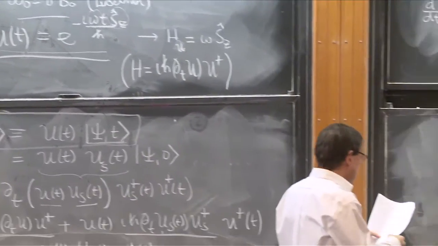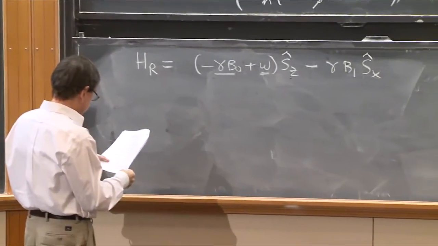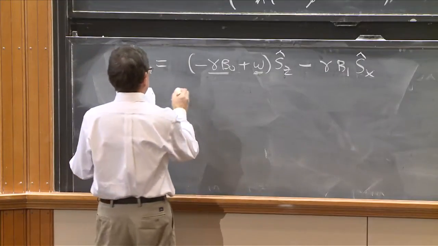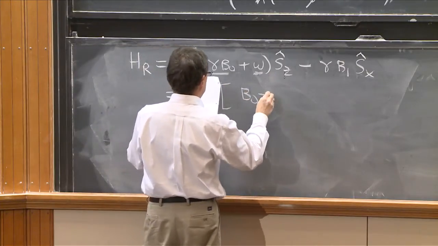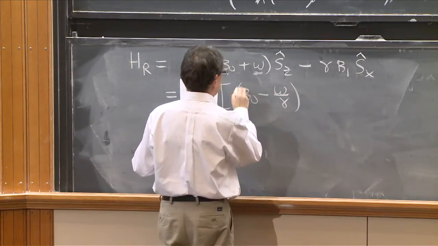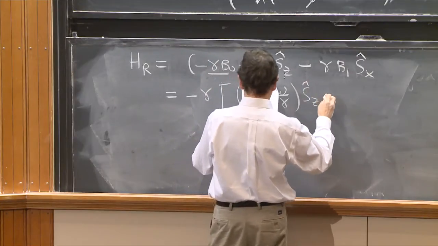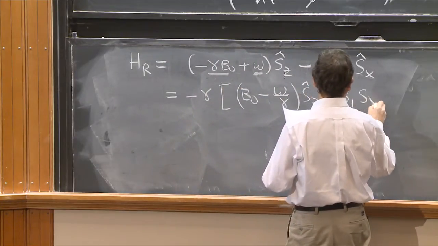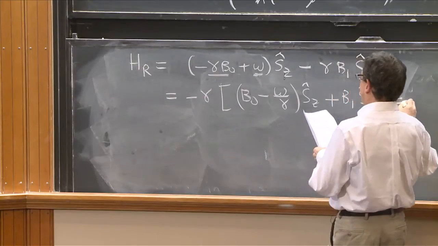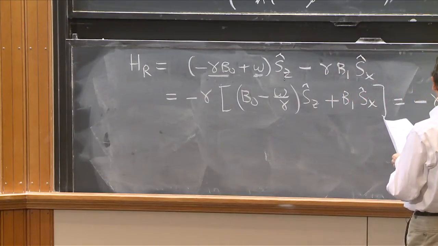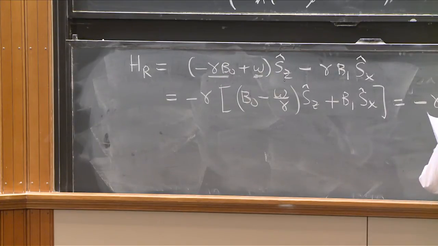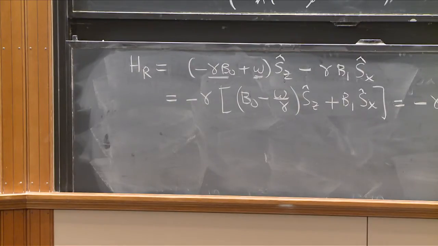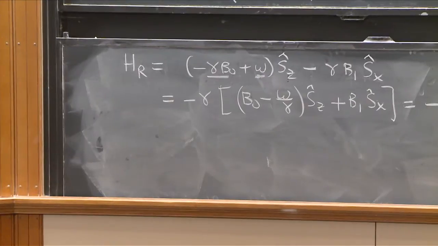So I'll write here, this is equal to minus gamma B naught minus omega over gamma Sz hat plus B1 Sx hat, which is minus gamma B naught 1 minus omega over omega naught Sz hat plus B1 Sx hat.